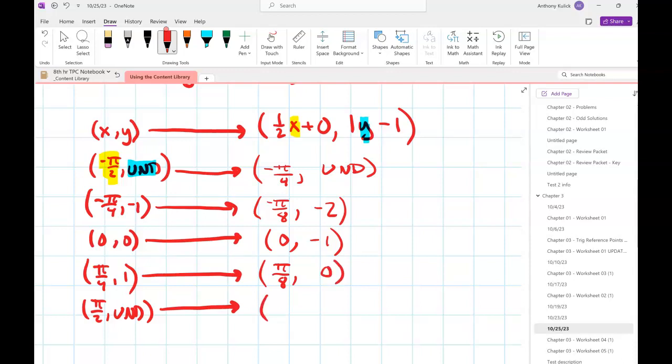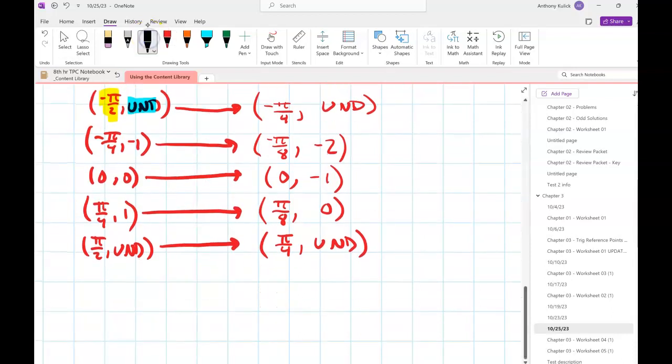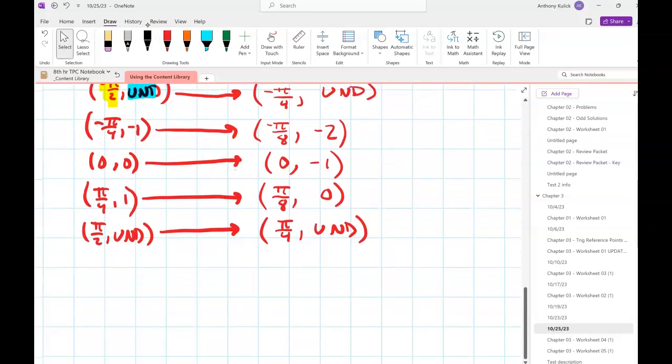And then 1/2 times pi over 2. There you go. And then undefined just stays undefined, right? Of course. So now I'll just go ahead and draw and plot.